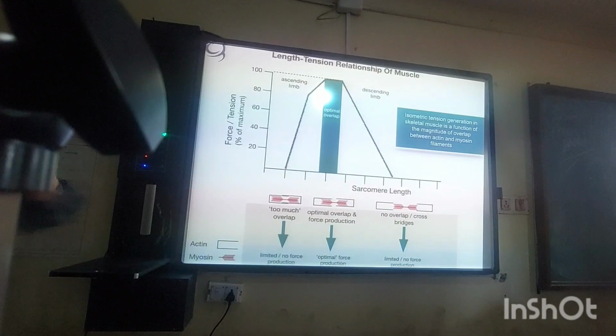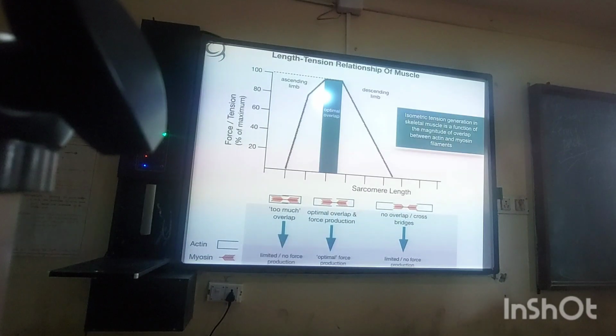You remember the role of those activation sites, those proteins which were being used for the actin and myosin filaments? Tropomyosin and troponin.